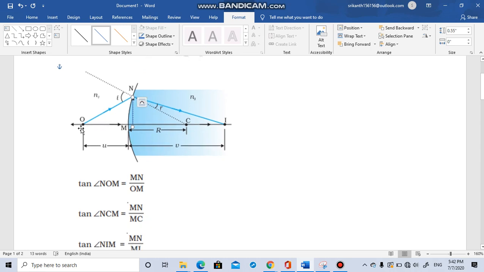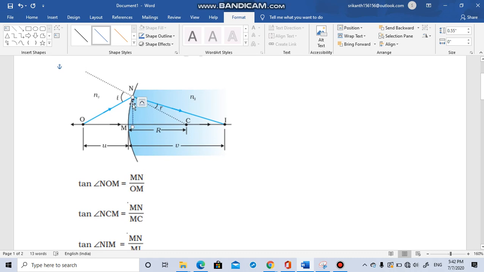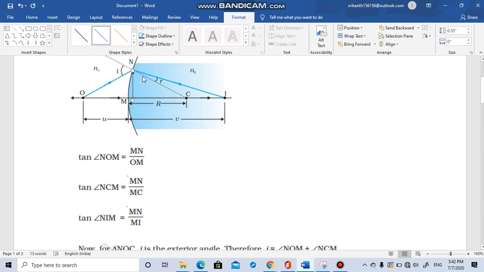So in this triangle ONM, you can say that tan NOM is equal to opposite by adjacent, which is MN by OM. And similarly, if you take triangle NMC, here also tan angle NCM will be opposite by adjacent. Opposite is NM, adjacent is MC.